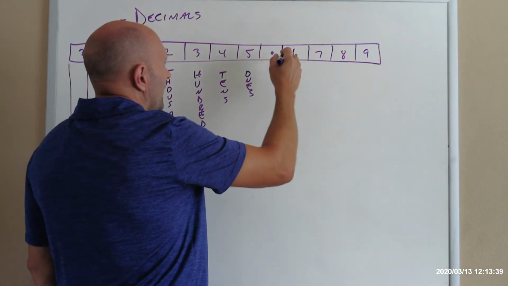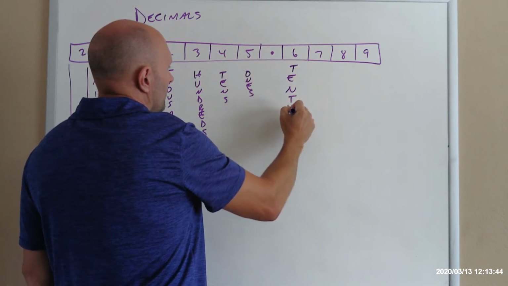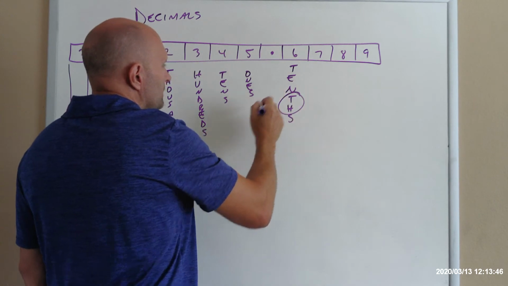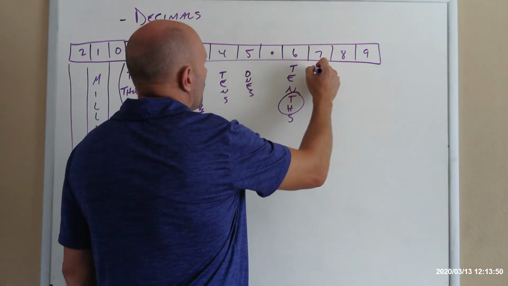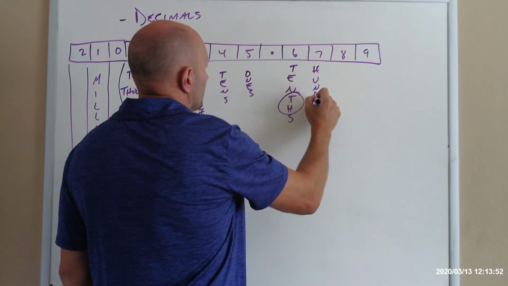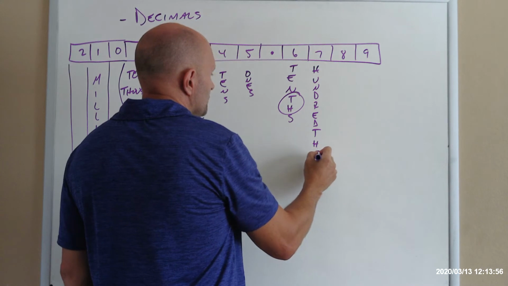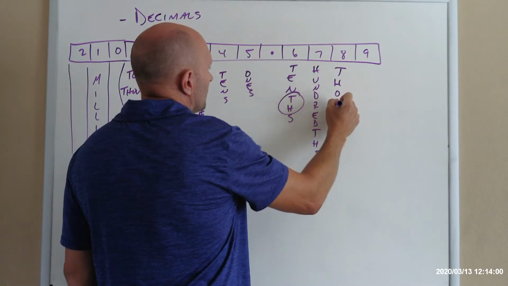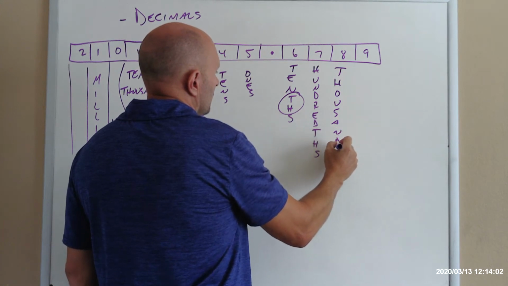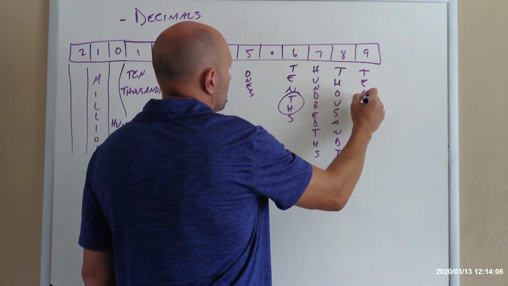Once I get down after the decimal point, this is the tenths. So the key is the TH at the end. So tenths, hundredths, thousandths, and 10 thousandths.